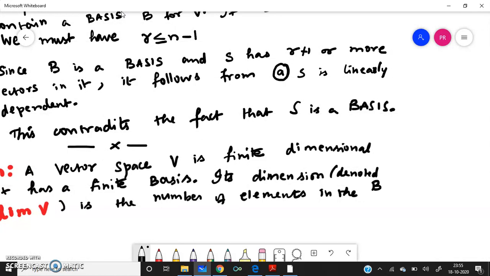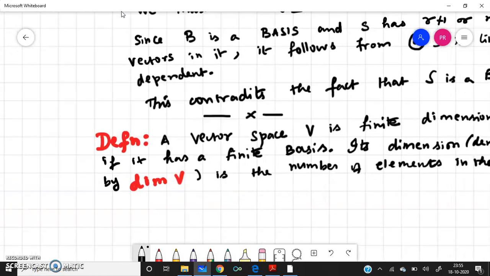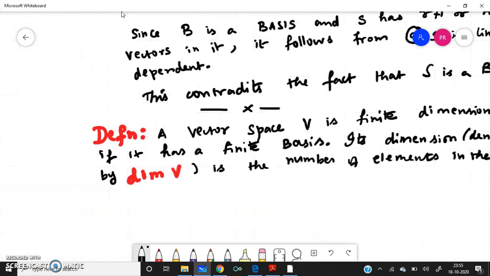So if the basis has 2 elements, then the dimension of that vector space is 2. If the basis has 3 elements, then the dimension of that vector space is 3. So how many elements are there in the basis? That gives you the dimension.